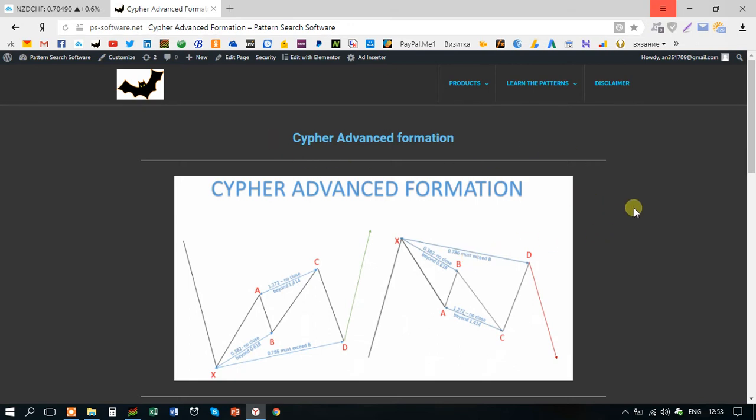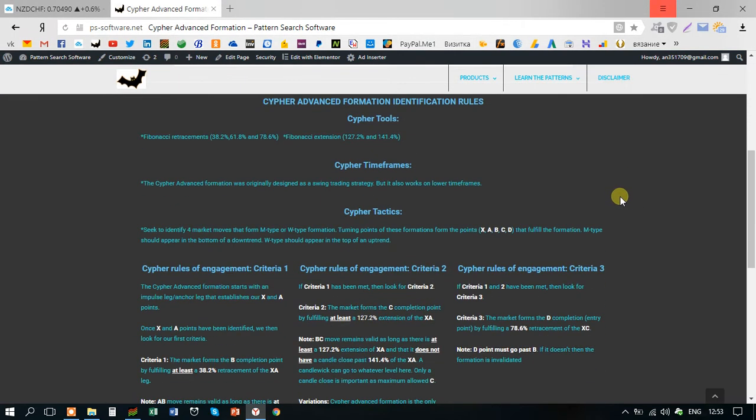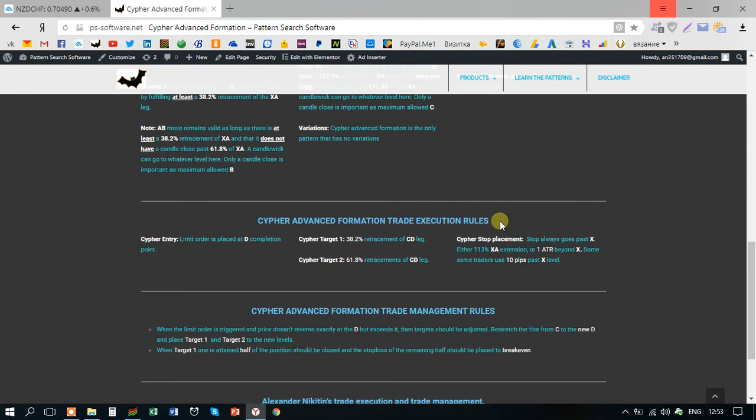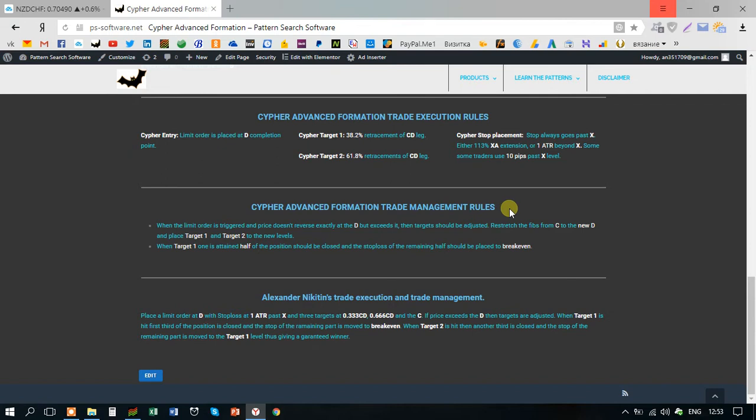After that, don't be lazy. Once again, this picture is not the explanation yet. Scroll it lower and find the identification rules, execution rules, and trade management rules.